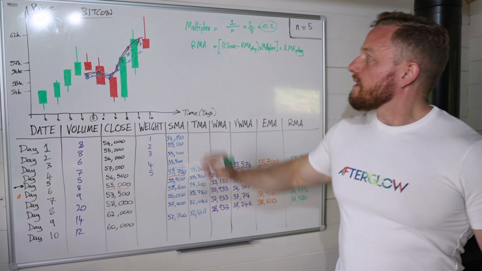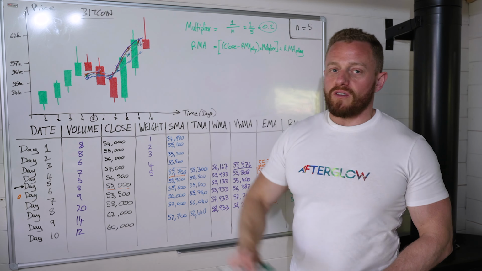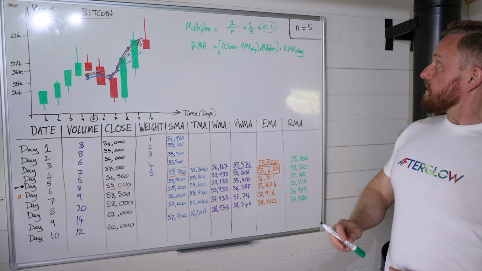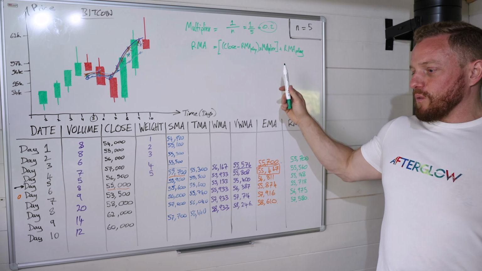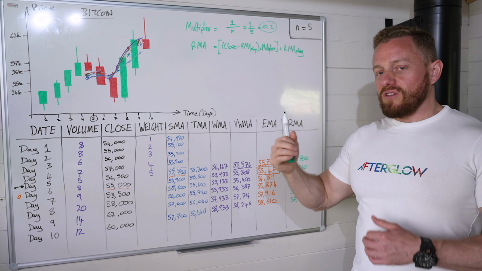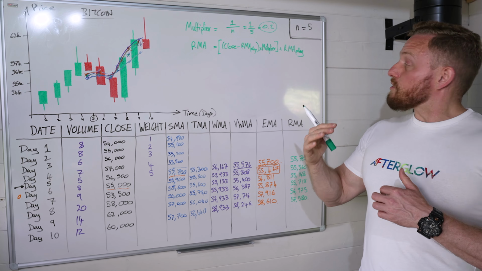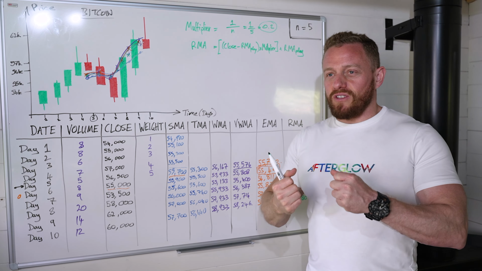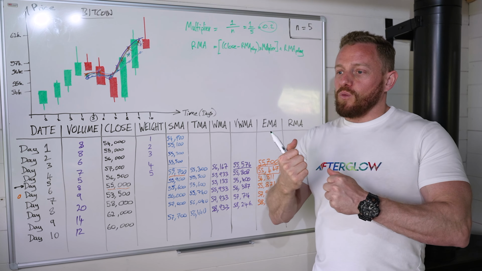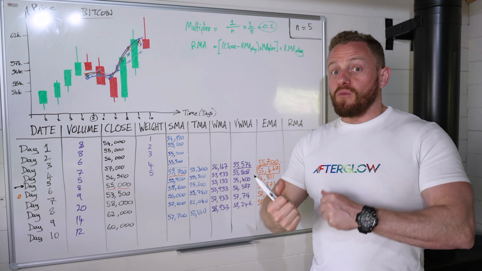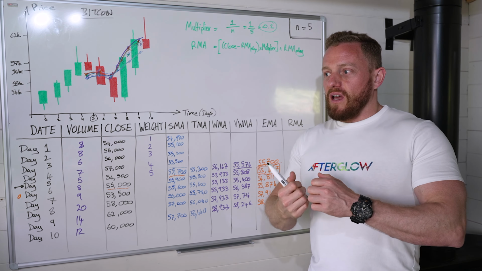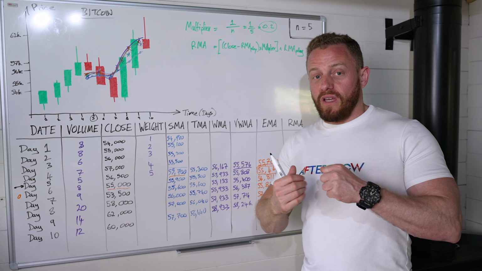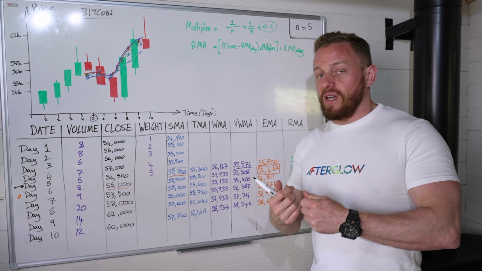There's the RMA, you can just about see in green. Because this one has a slightly smaller multiplier, it changes slightly how much weight it gives to the more recent price action. So it's slightly dampened and not quite so reactive as the EMA.